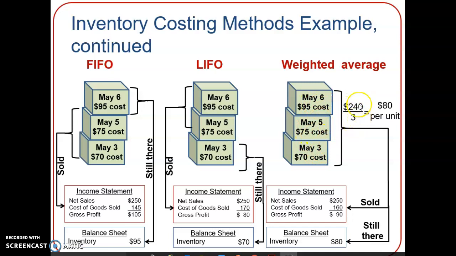That's how you get the average. It looks like you can average the price out by 3, but that's wrong, because what if you have 2 units that cost $95? Then your calculation will be different. So the formula for weighted average, please be very careful here, is the total cost divided by the total units.